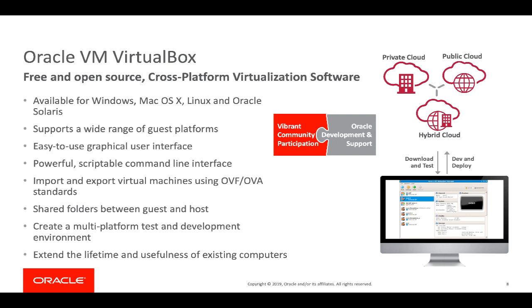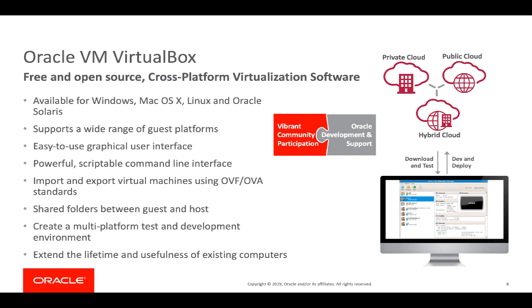And this is very useful for test development, for running the occasional use of some product that doesn't exist on your normal desktop or environment. It's fast and it's powerful. We'll talk about some of the capabilities of the product as we go through this. And for personal use, this is a free download that anybody can make use of.